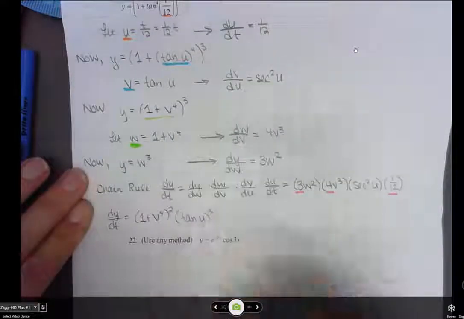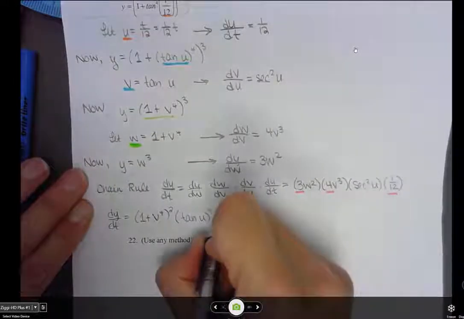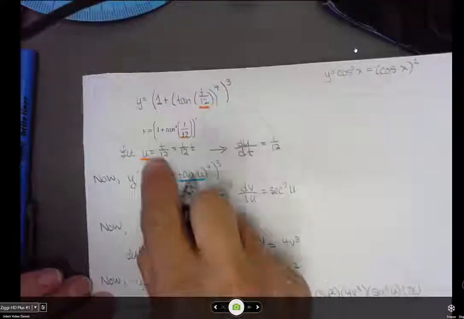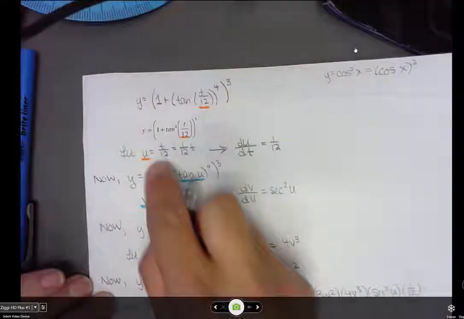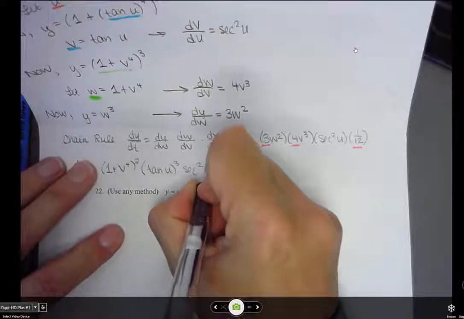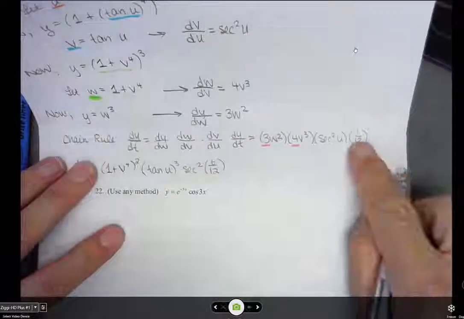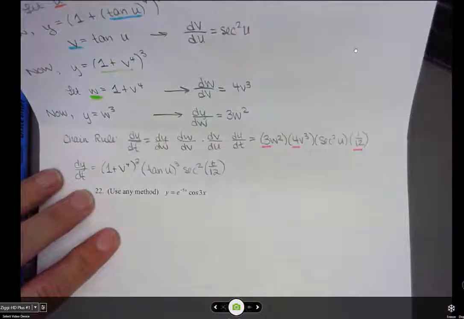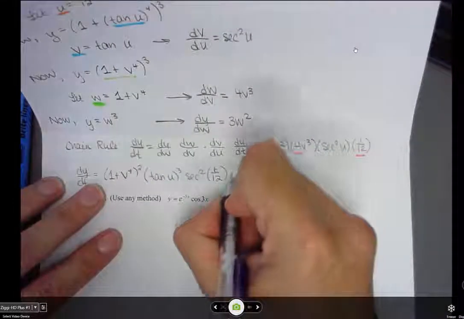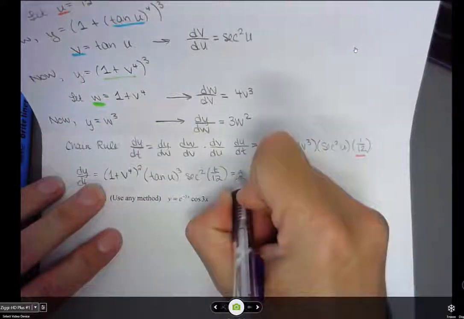V is tan u. So tan v cubed. Secant squared u is t over 12, or 1/12 t. And then the 1/12 is gone. Those constants multiply together. So, okay, I still just have to get rid of the u and the v. The secant squared part is fine. So 1 plus, what's v?